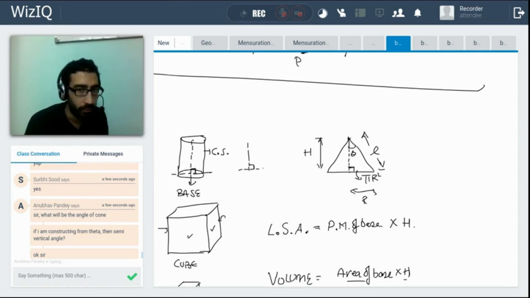You can call it theta, and we generally take sine theta as the side opposite by hypotenuse, it's r by L.